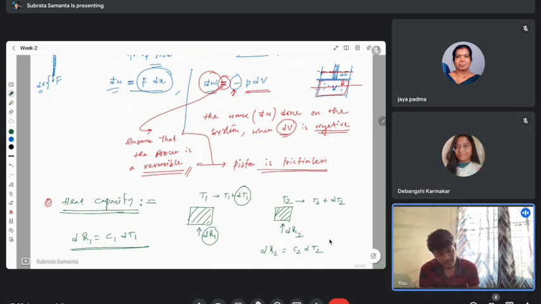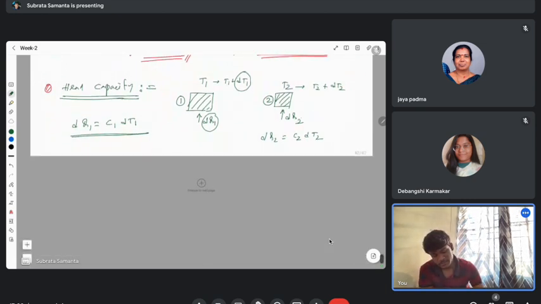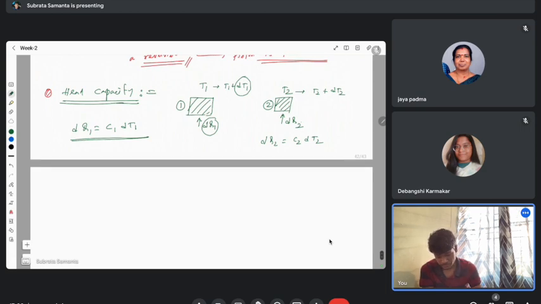The heat capacity of system 1 is C1 and the heat capacity of system 2 is C2. So now we connect these two systems via a thermal contact.